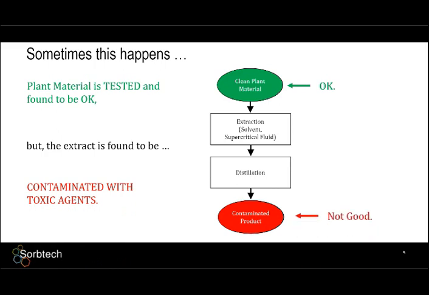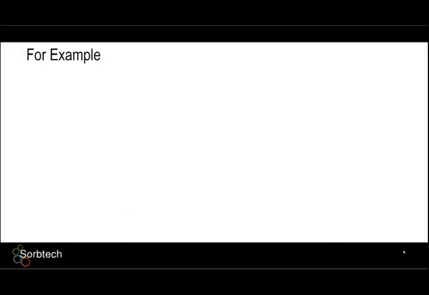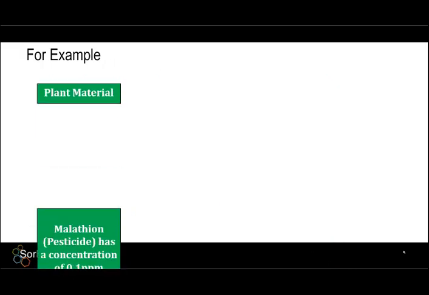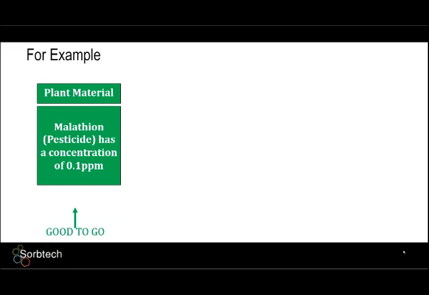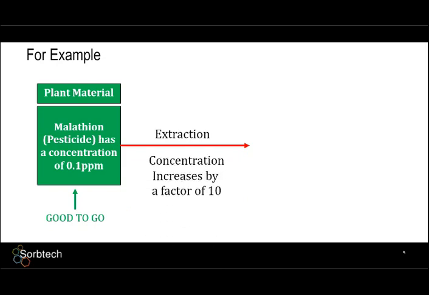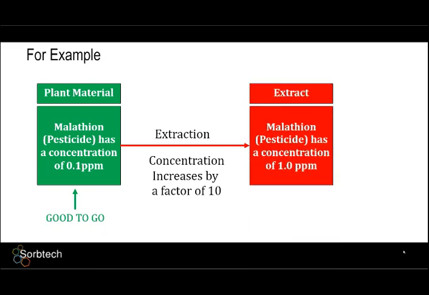For example, this is a relatively common case: plant material which has malathion, a commonly used insecticide, at a concentration of 0.1 ppm, and the product is good to go, sell as is. But after extraction, the concentration of malathion increases by a factor of 10, and the extract now has a concentration of 1 ppm, and this is not good. You can't sell it.